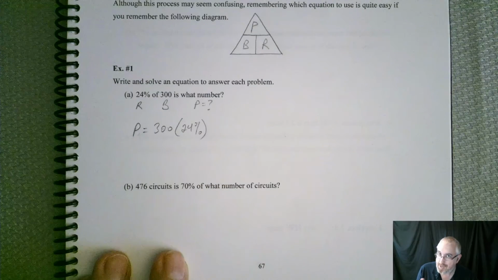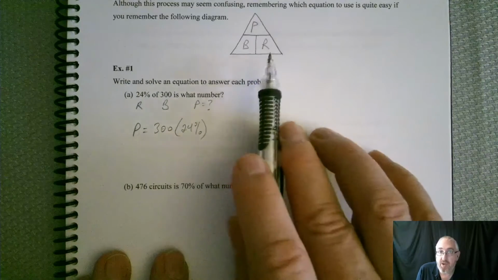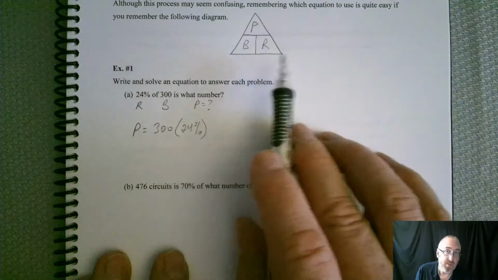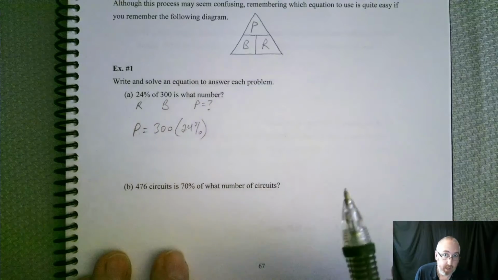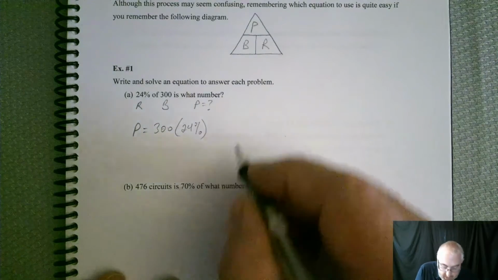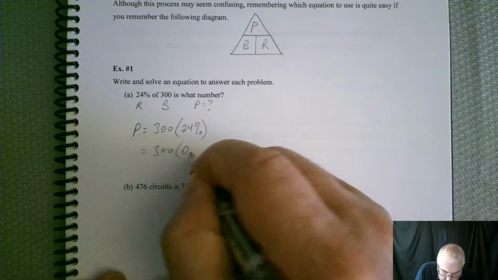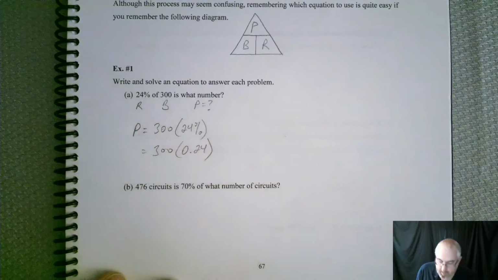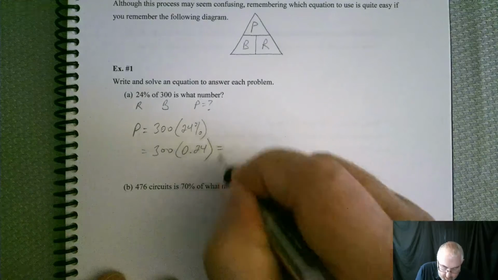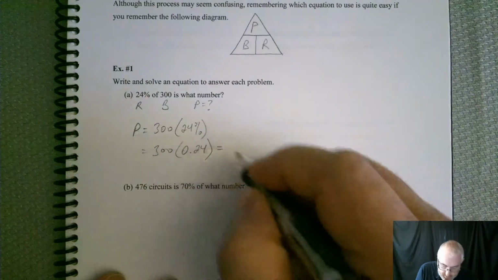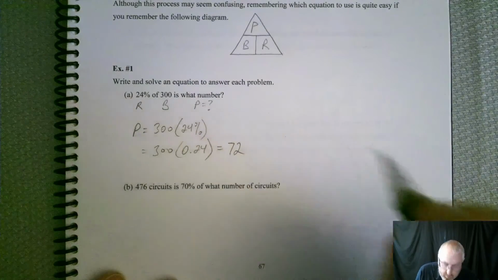Here's the extra catch with these. When you use this method, you have to change the percents to decimals and decimals to percents if you're looking for a rate. So in this case, we're going to want to change that 24% to 0.24. And so now, if we multiply those two together, we get 72.